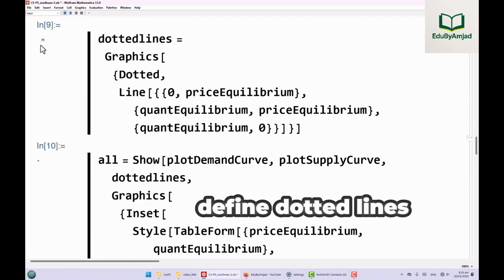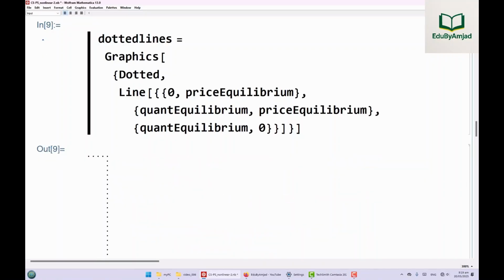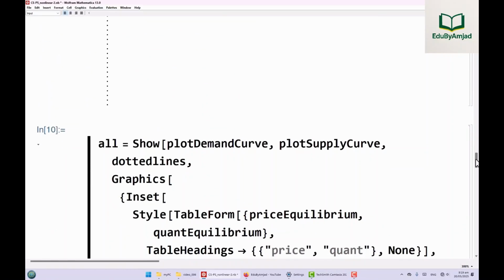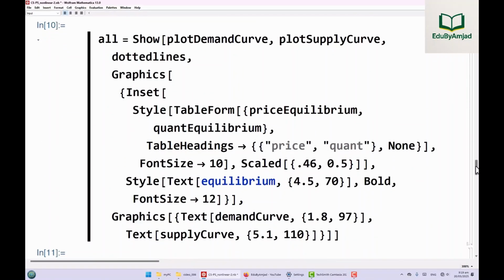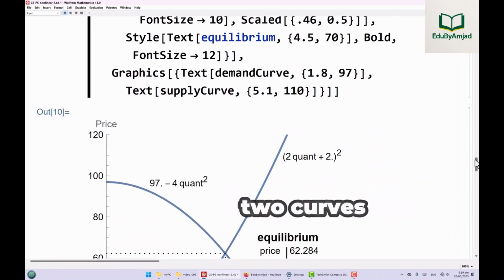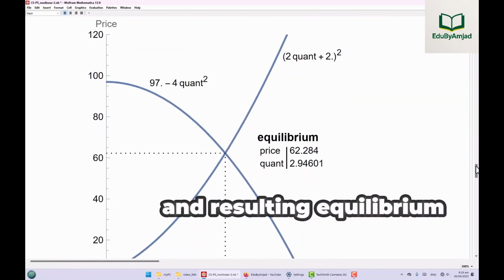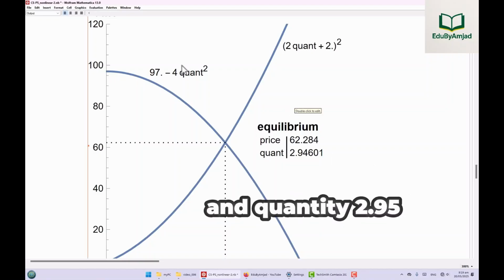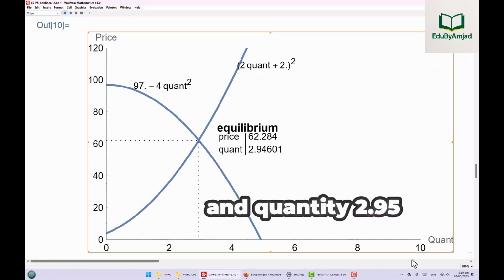Define dotted lines. Show the intersection of the two curves and the resulting equilibrium price and quantity. Price is 62.28 and quantity is 2.95.